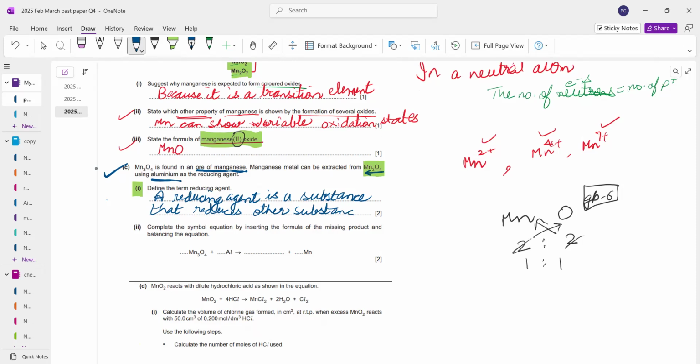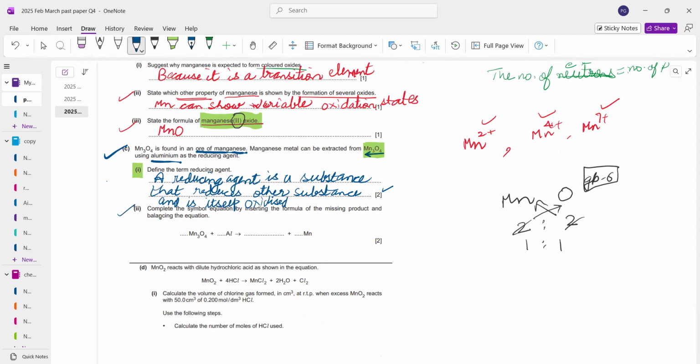Now, because this question is of 2 marks, we need to add one more point, and we'll say that it is itself oxidized, that it oxidizes itself. Yes, so 2 marks, 2 points.